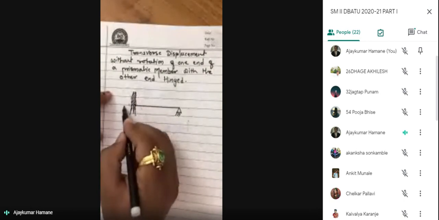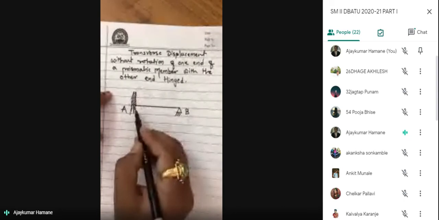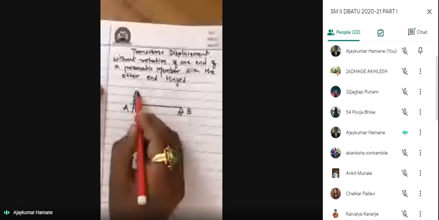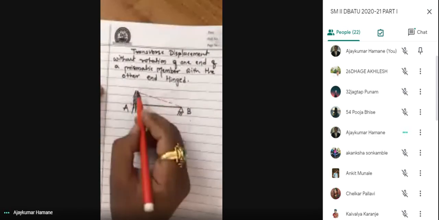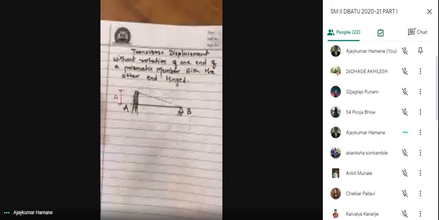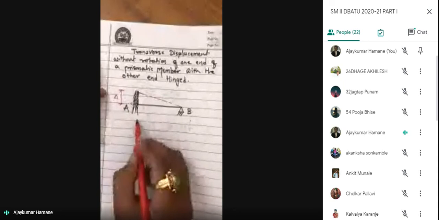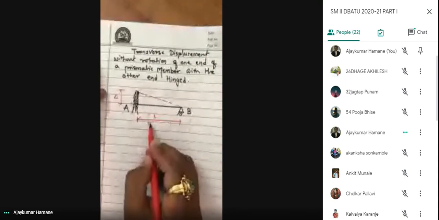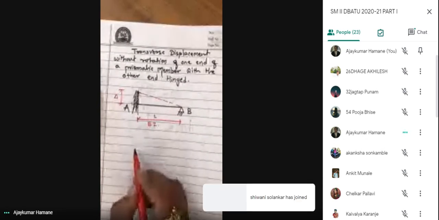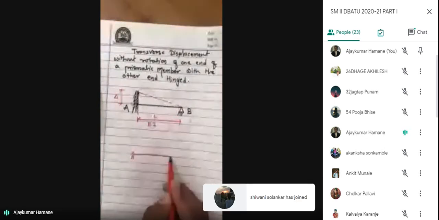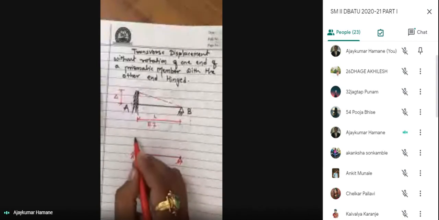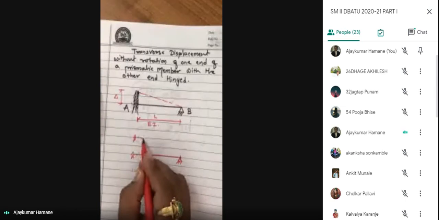That means earlier we have A here, B here, but due to the transfer displacement, this end goes to here, and we have a displacement in the vertical direction which we call delta. Here we have the length and EI of the member. Earlier the beam is like this. I'm not here. It is a pin support. Now this beam goes to here.